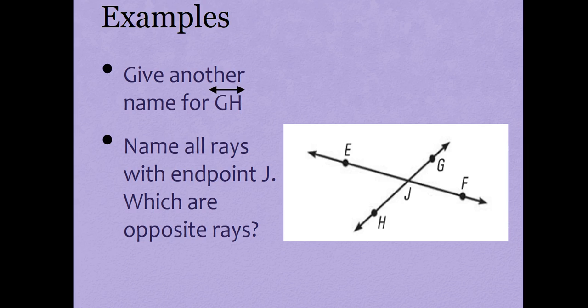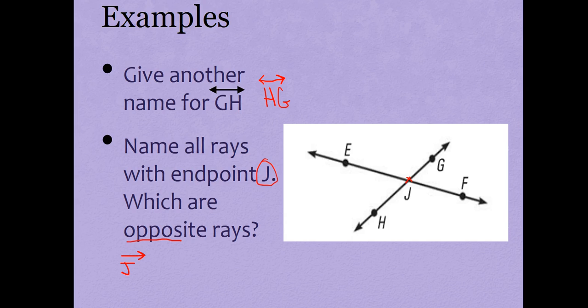So it says, give another name for line GH. So there's no small italicized letter on that line, so the only other name I can give is switching the order and doing line HG. Name all rays with endpoint J, and then which are opposite rays. So if they're endpoint J, that means they have to start with the letter J, and they're rays, so they're going to get an arrow going towards the right. So J is here in the middle.